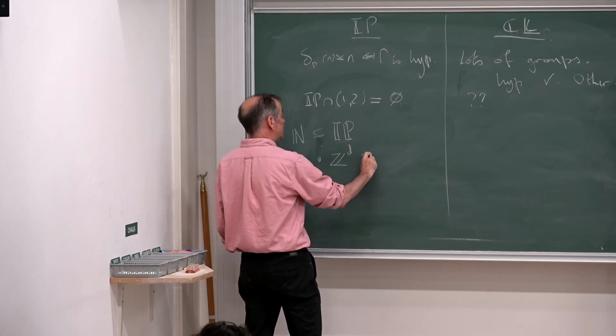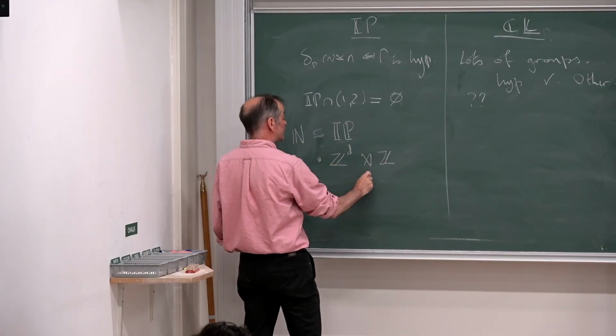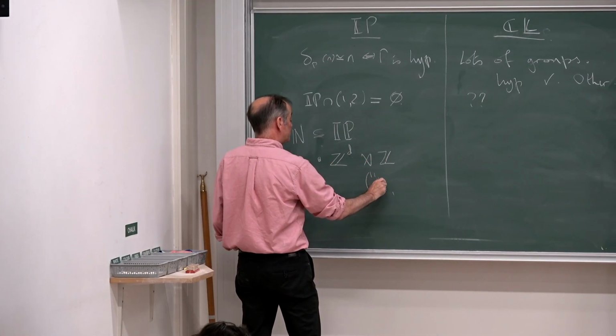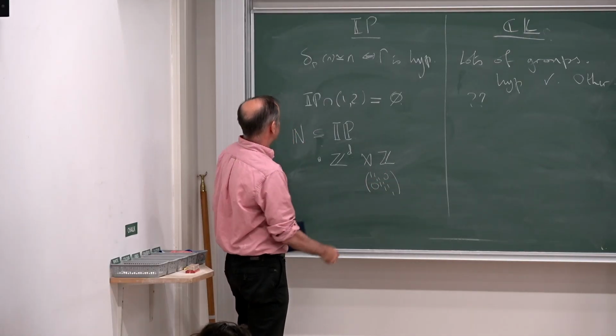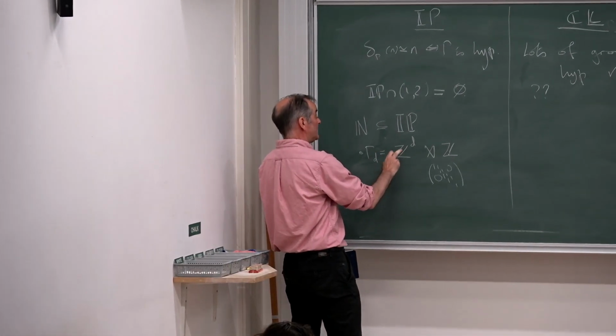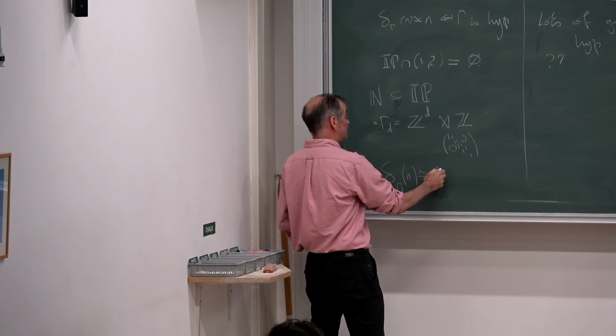You take Z to the d, acted on by Z, so it's a d-dimensional torus bundle over the circle, where the holonomy is the simplest unipotent matrix, ones on the diagonal and superdiagonal. Call it gamma D. So the Dehn function of gamma D is polynomial of degree D plus 1.